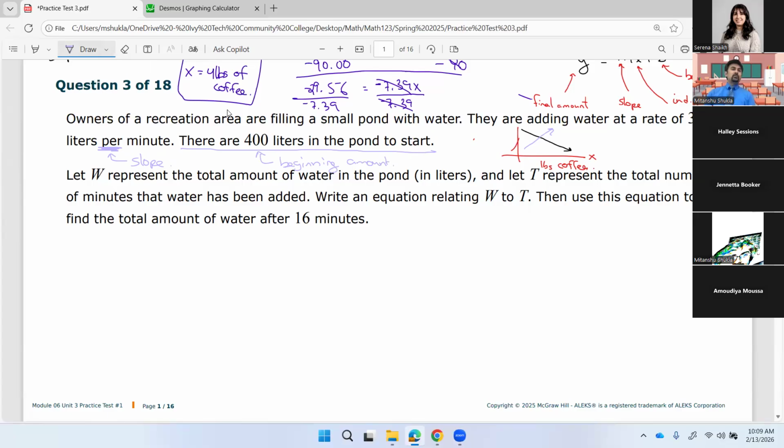Okay. So if they gave me a slope and a beginning amount, I can think to myself linear equation.